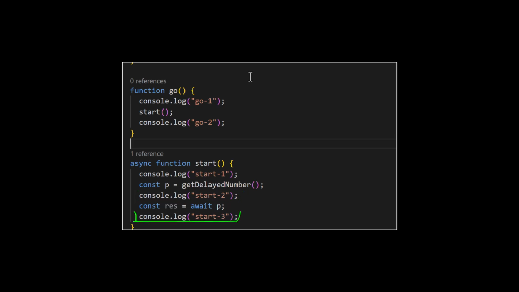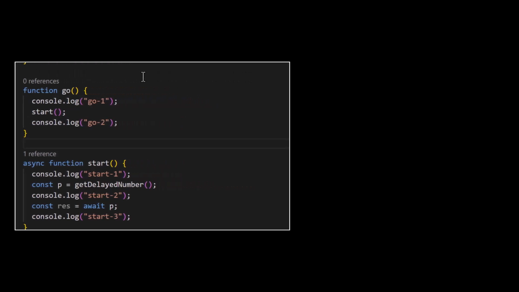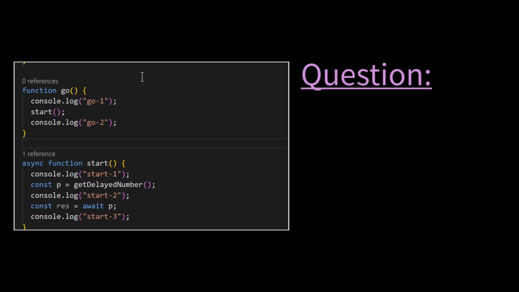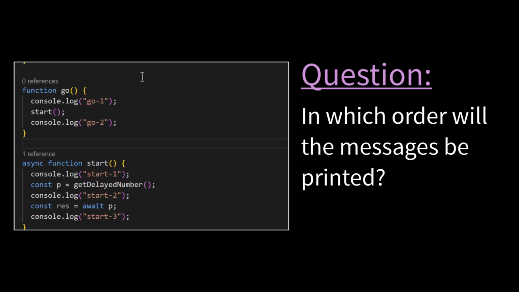And it will print start3 at the very end, after the await. Additionally, in the outer go function, we'll print go1 before calling start and go2 right after calling start. Now, here's a little challenge for you. Pause the video for a moment and try to think about the order in which these messages will appear in the console.